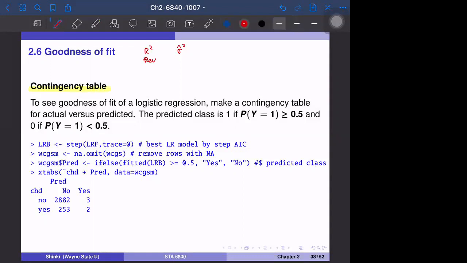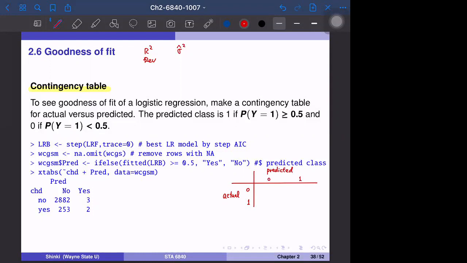The idea is simple. We have two categories for actual and predicted. Since this is logistic regression, it is binary, so actual values are 0 or 1, and the predicted value is also 0 or 1.